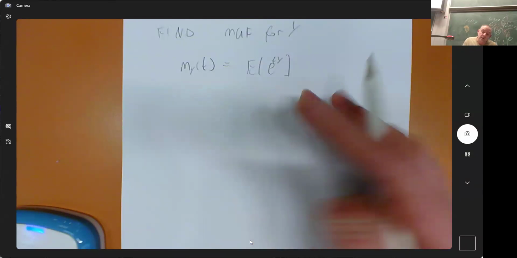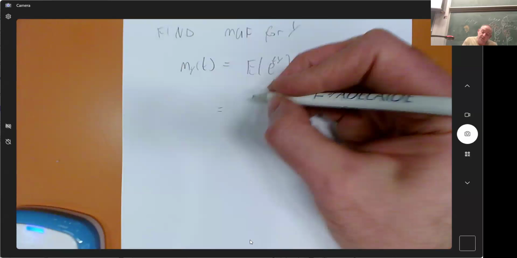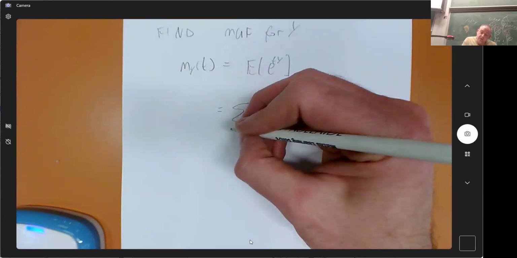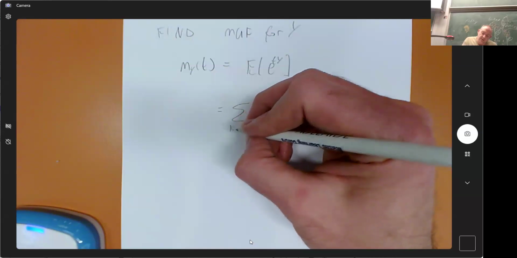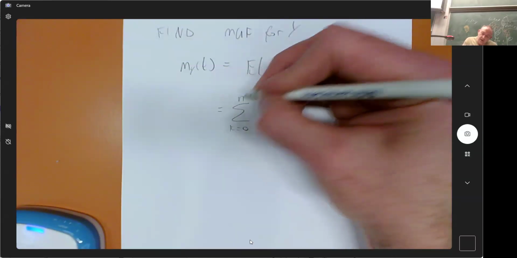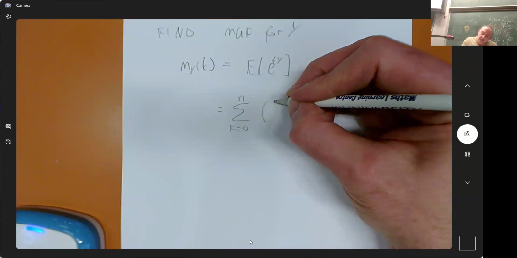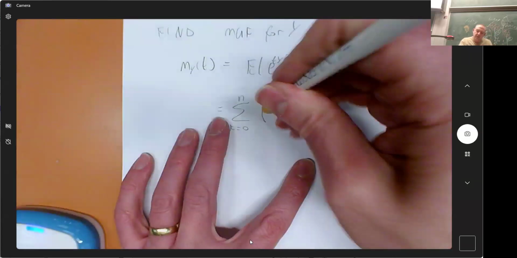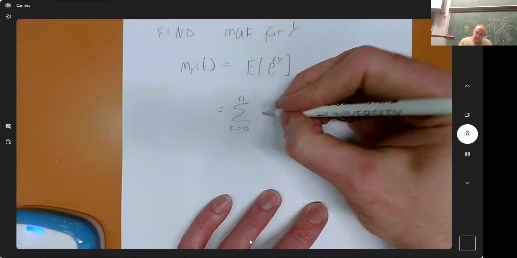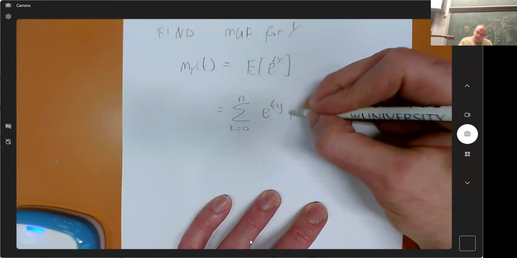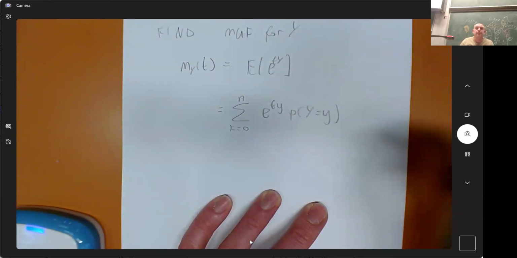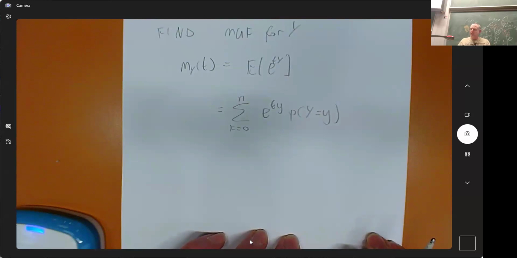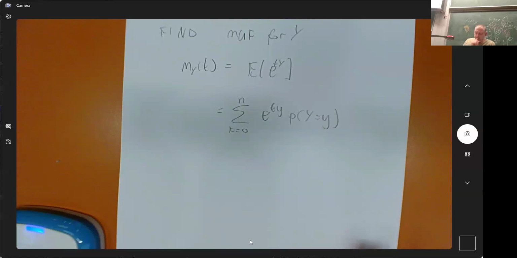And so that would be the sum, can't use n, k it is then, from 0 to n of e to the ty times the probability that y is equal to y. That's how you do it for a discrete distribution. Multiply each thing by its matching probability.